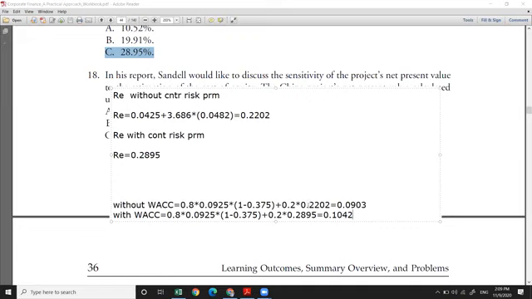This is what the WACC tells you. The more risk you take, the more you should be compensated. That's why it gives you a higher WACC than here. With the country risk premium, the NPV is always lower because of the WACC. We know there is an inverse relationship between the WACC and NPV values.